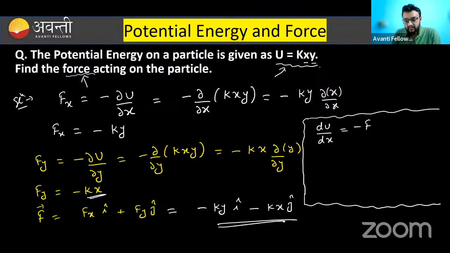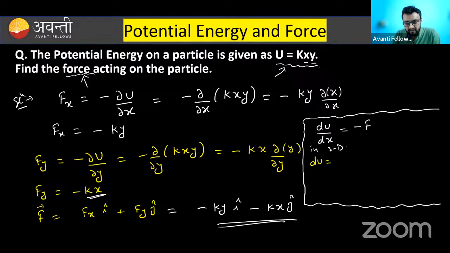So in 3 dimensions, we can write it as dU is equal to, since we are dealing in 3D, there will be a dx, a dy, a dz, all 3 dimensions have some displacement.